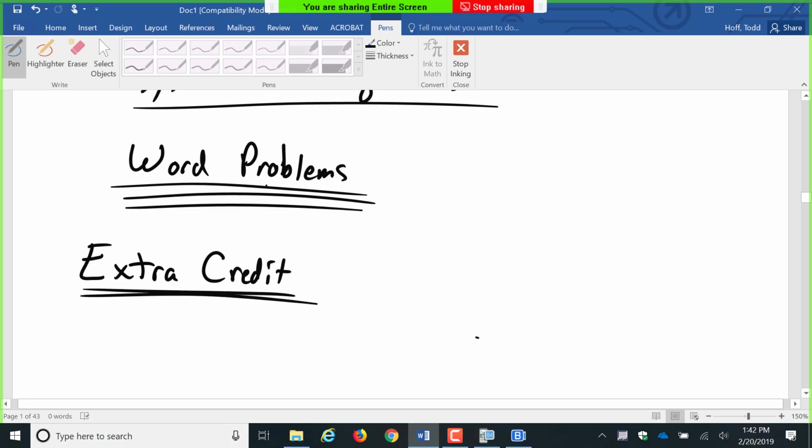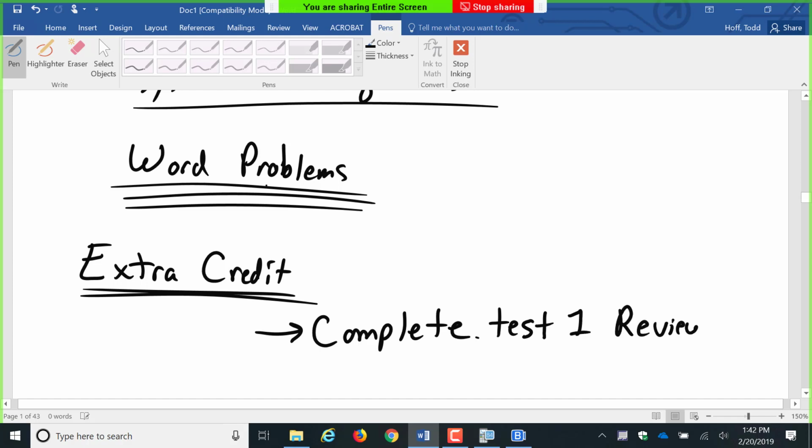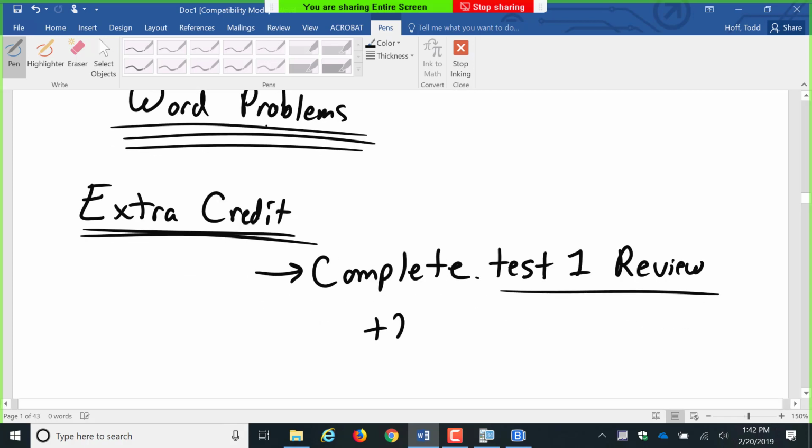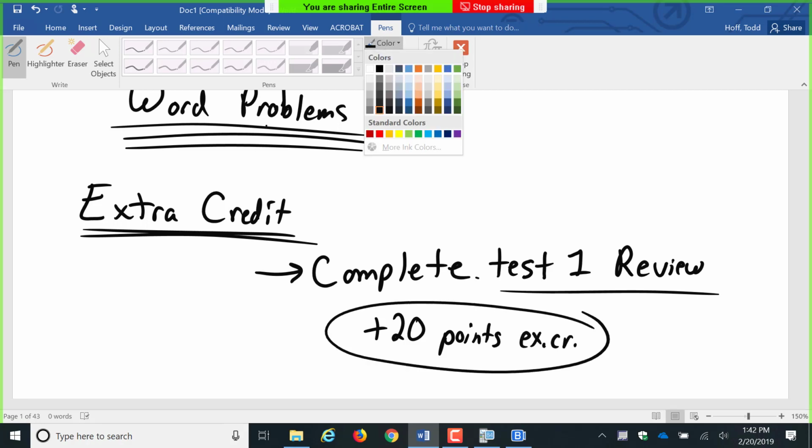With reviewing for the first test, there's an extra credit opportunity that comes up. If you scan and email to me the completed test 1 review, that means every problem completed, and you do have to show at least part of the steps of your work for it, I will give 20 points extra credit.